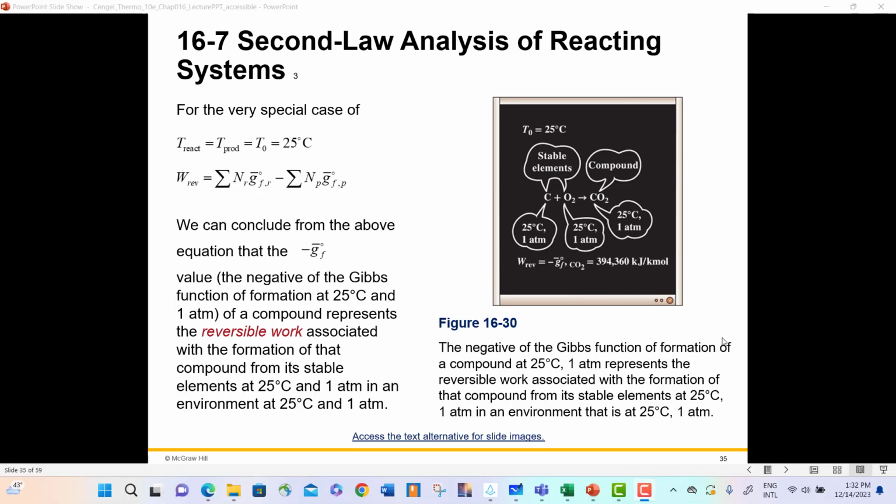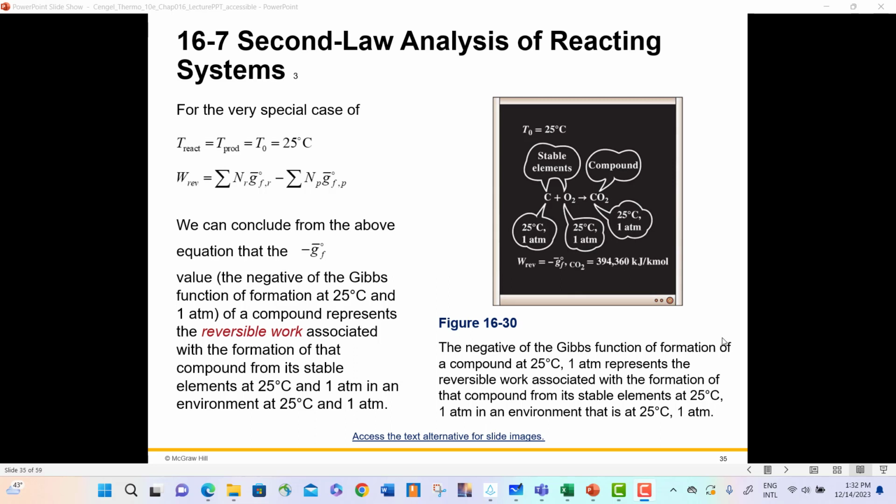And then here for the second law analysis of reacting systems, of course, for this very special case, which thermodynamics is filled with very special cases, all this is saying is that we can conclude from the above equation that the negative of the Gibbs function of a compound represents the reversible work.